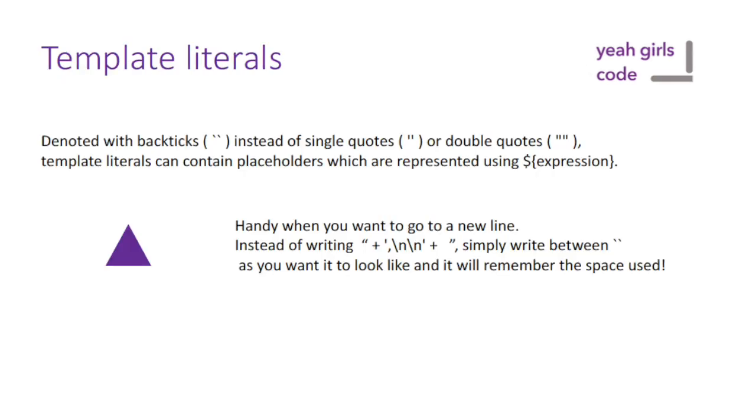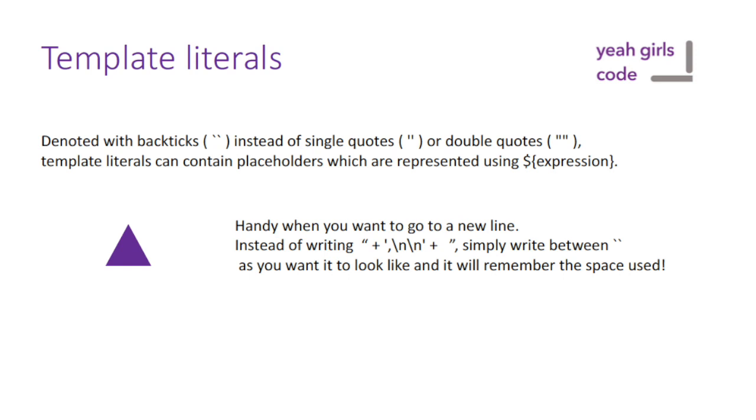Now let's move on to template literals. Denoted with backticks instead of single quotes or double quotes, template literals can contain placeholders which are represented using the $ sign and then the curly braces in which you have the expression. It's really handy when you want to go to a new line.